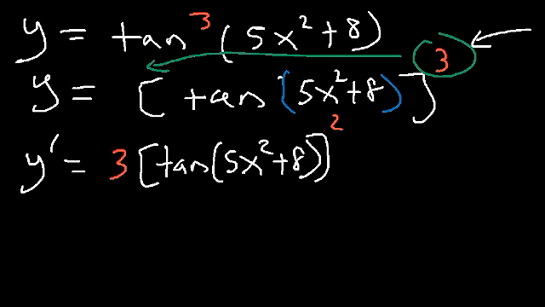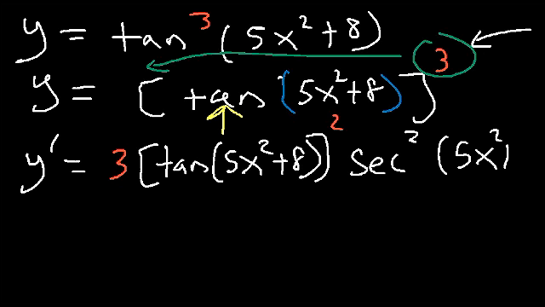Now we need to move on towards the inside. So we have to work our way from the outside to the inside. We're done with the exponents. Now the next function that we need to differentiate is tangent. After tangent, we'll move our way towards the inside and we'll work on 5x squared plus 8. So what is the derivative of tangent? The derivative of tan is secant squared. And then keep the inside the same, 5x squared plus 8. So now we're done with tangent.